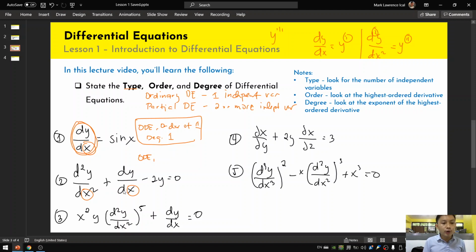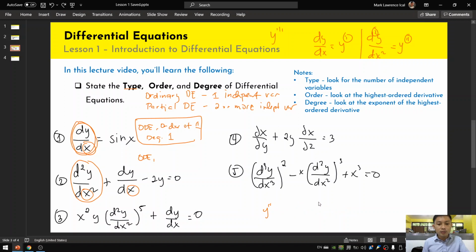Now, how about for the order? Now, the order, again, is looking at the highest order. Remember that d squared y over dx squared is equal to y double prime. So, in this one, you can say that it's y double prime plus y prime minus 2y is equal to 0.